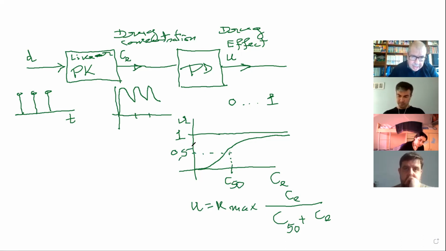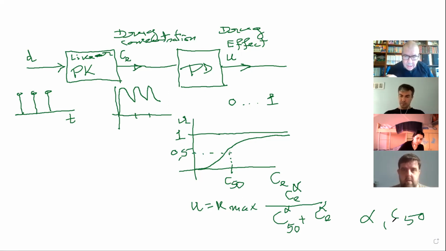You can also put here some exponent that can be a fraction. Okay? And then you do observations and you try to compute the parameters alpha and C50. You try to play with this so that the data that you observe correspond to the patient that you have.